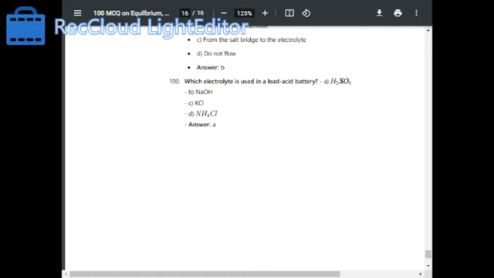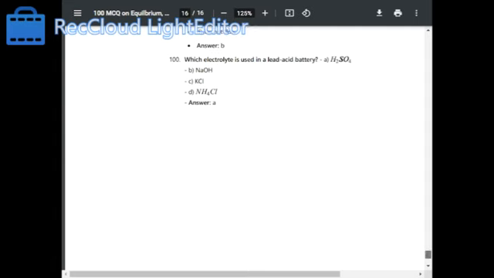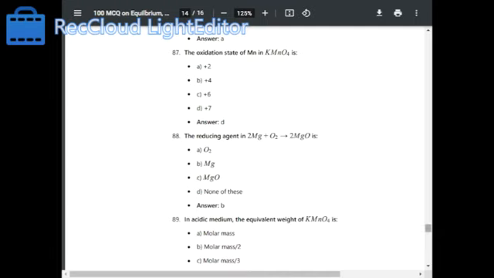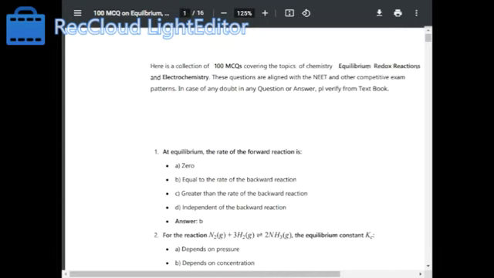I have discussed 100 MCQ questions of chemistry which are related to the topics equilibrium, redox reaction and electrochemistry. These are important questions for NEET, JEE and other competitive exams.